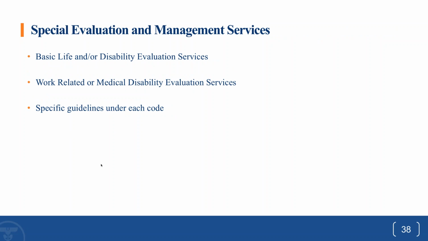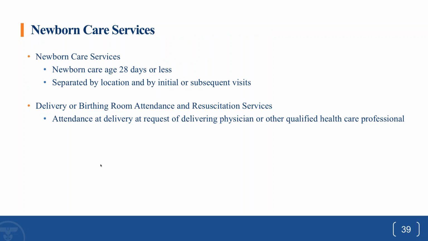And those special evaluation and management services that's on page 41, these are like if someone was sent, like if your job sent you, again, this would maybe be one of those pages where you may need to use modifier 32. Okay. Then you have newborn care services, lots of services. I'm on page 42.